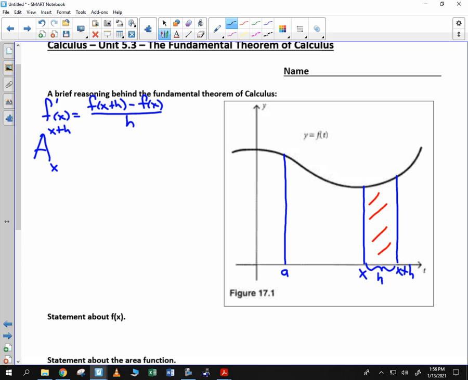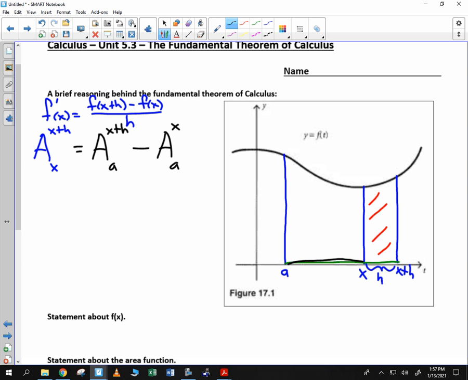That's going to be equal to the area of the entire thing, so from a to x plus h, minus the area from a to x. Okay? So if you want to find the area of the red, you take the whole green thing and you subtract off this black part, you would get the red.